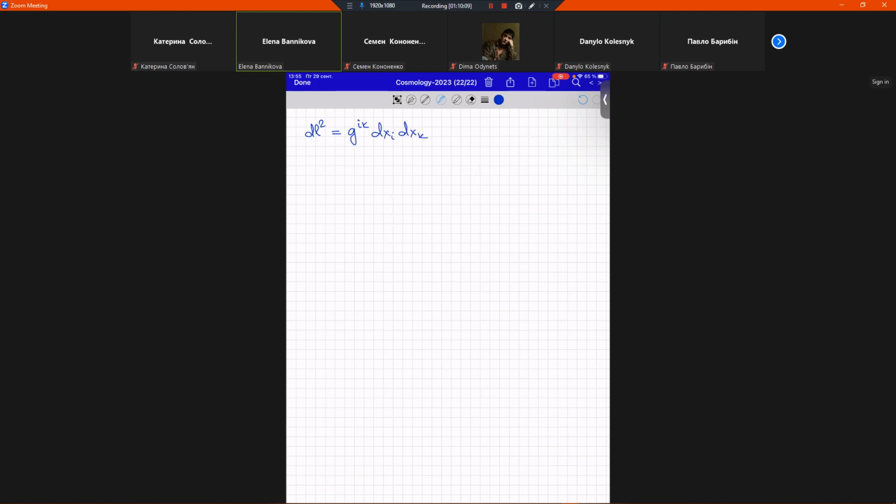This is also a metric tensor J^ik, and this is the contravariant metric tensor. So everything works the same as for the tensor.